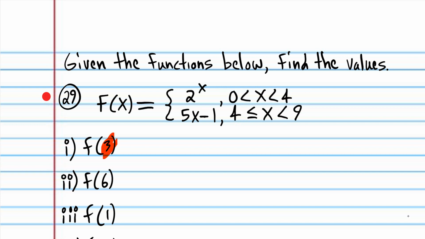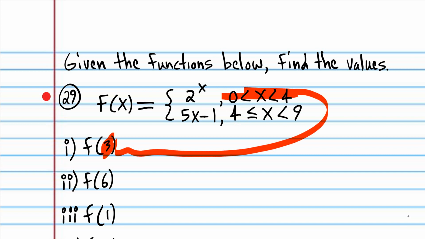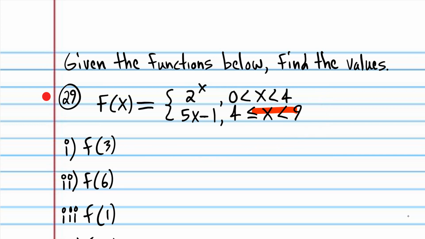So is 3 in this interval, or is it in this interval, or is it in neither interval? Well, 3 is obviously between 0 and 4. 3 is the input, and so the input is x, and 3 is between 0 and 4, so that means that we use this equation. So I'm going to highlight that.